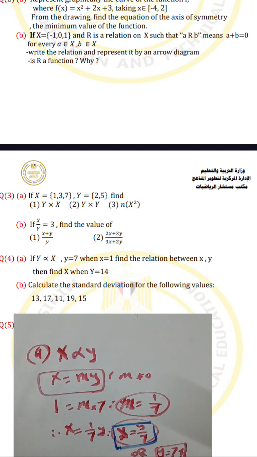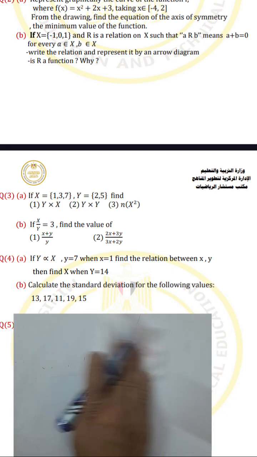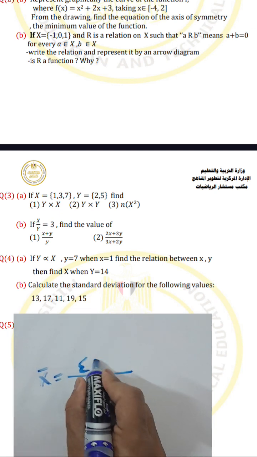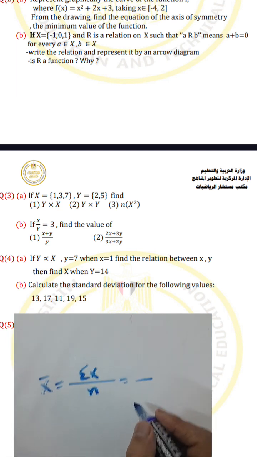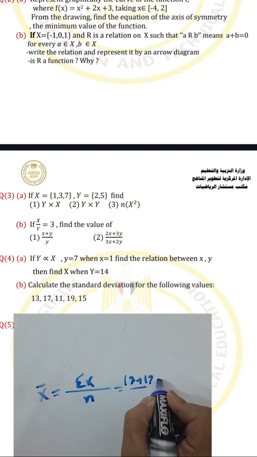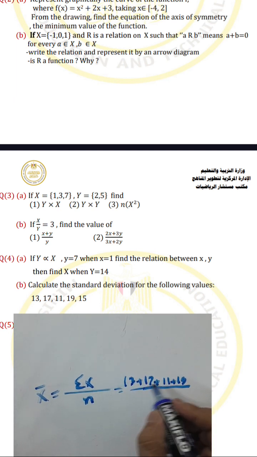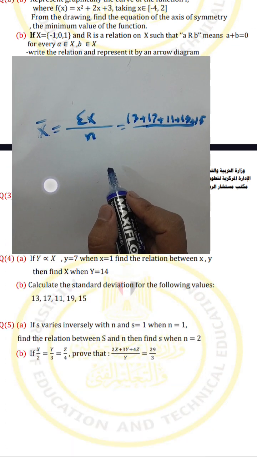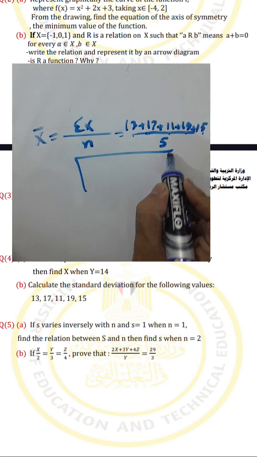Question letter B, calculate the standard deviation. You can solve this by finding x bar first. We can find x bar, the sum of all elements divided by the number of elements. Here we have 13 plus 17 plus 11 plus 19 plus 15. Okay, you can find the result, divided by 5, and then draw the table here.